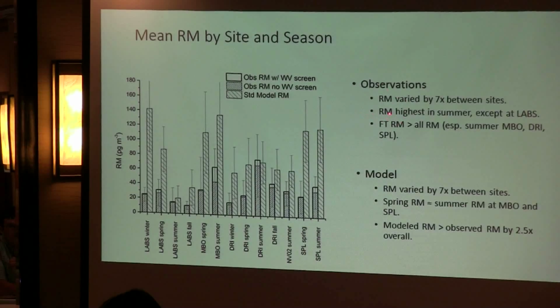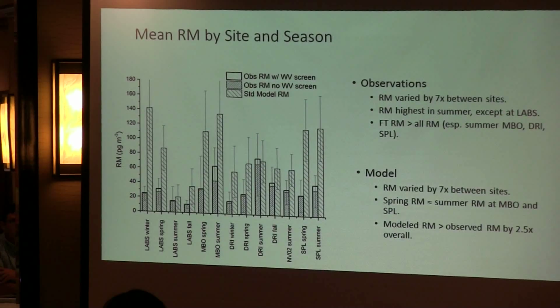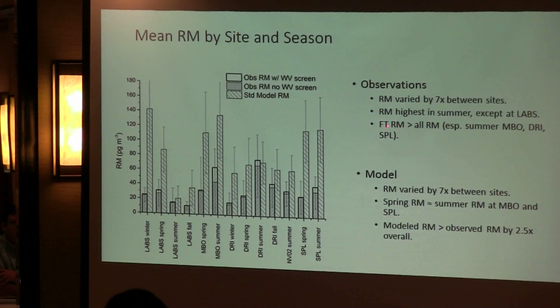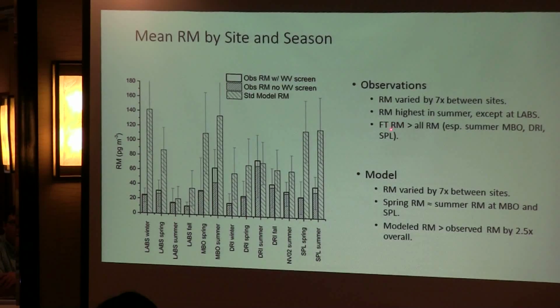Seasonal cycle: reactive mercury was highest in the summer, except at Lulin, where the summertime meteorology is dominated by tropical convection. And filtering the data for the free tropospheric data set had a large effect on reactive mercury.